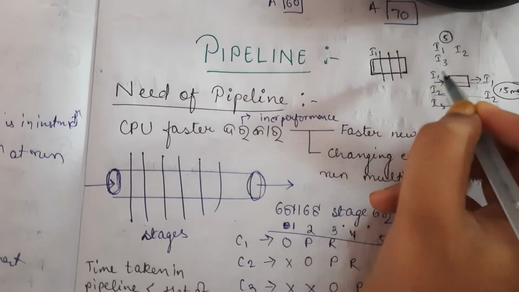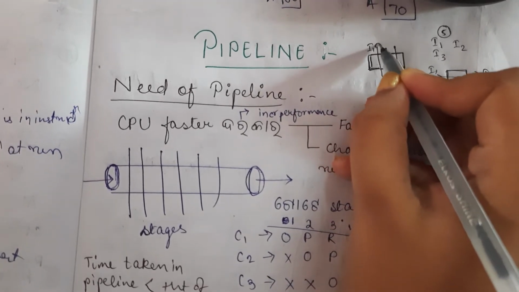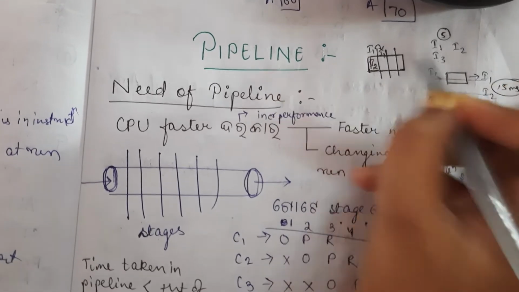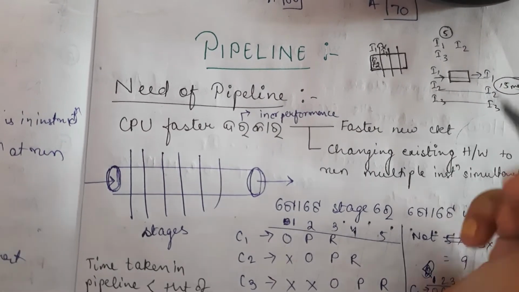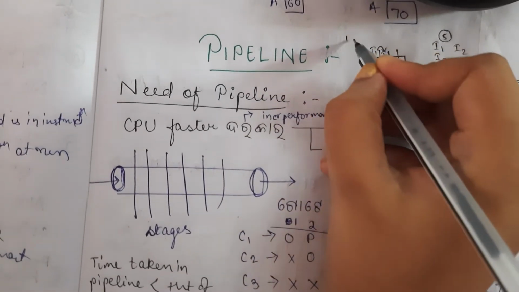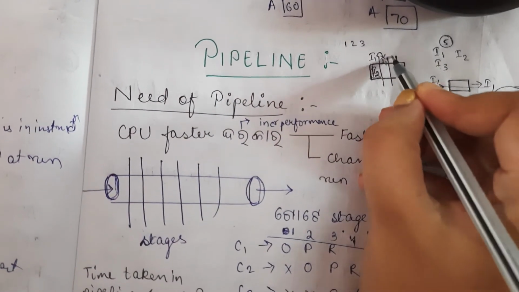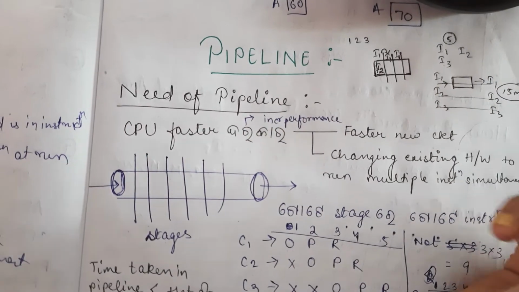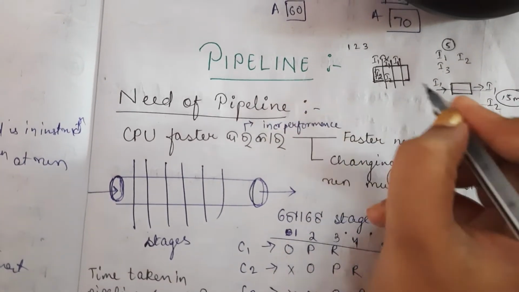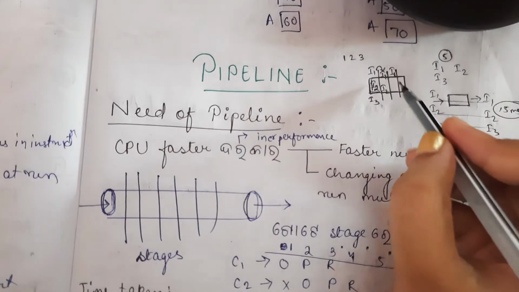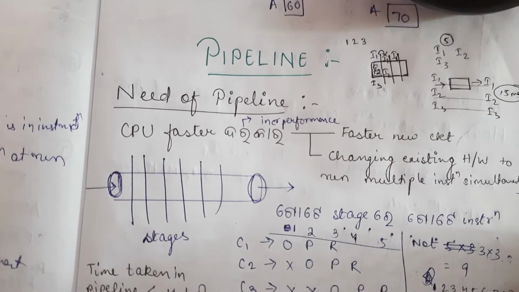Then in the next clock pulse, when I1 shifts to stage 2, I2 will be in stage 1. Similarly, in the next clock pulse, I1 will be in the third part, I2 will be in the second part, and I3 will be in the first part. So like this we need to do.